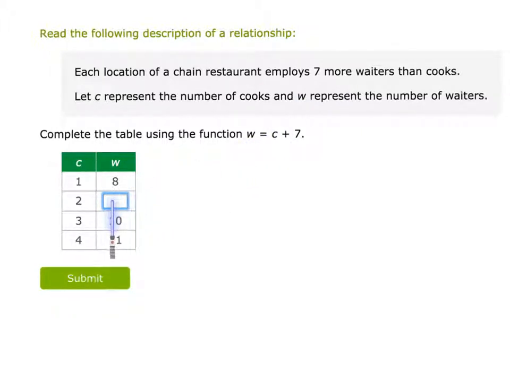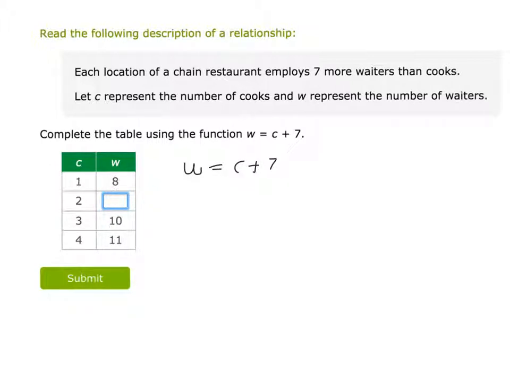So in this table, they are looking for you to plug C into the equation to find W. So we're going to do just that. First step, I'm going to write down the equation. I have W equals C plus 7.